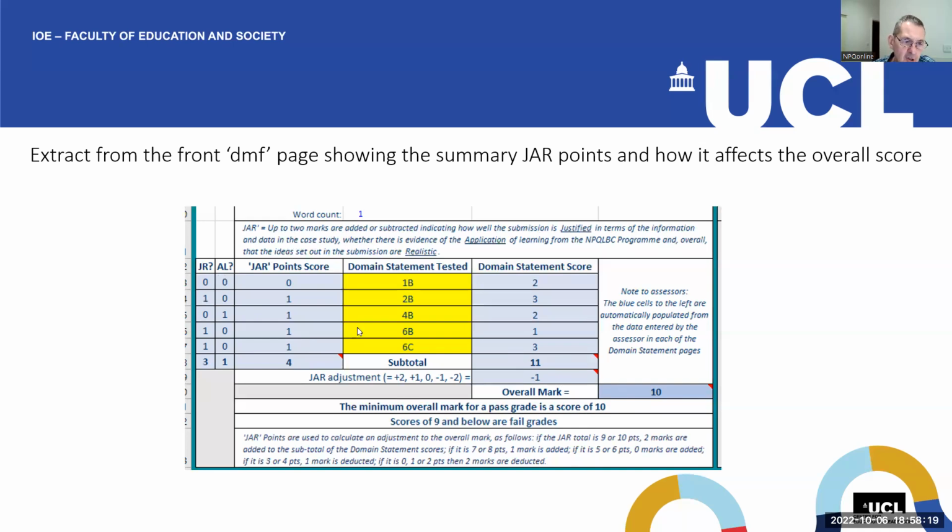Now, had I got a string of zeros against the JAR scores, I could have had an overall JAR correction of -2, which would have brought it below the pass grade.